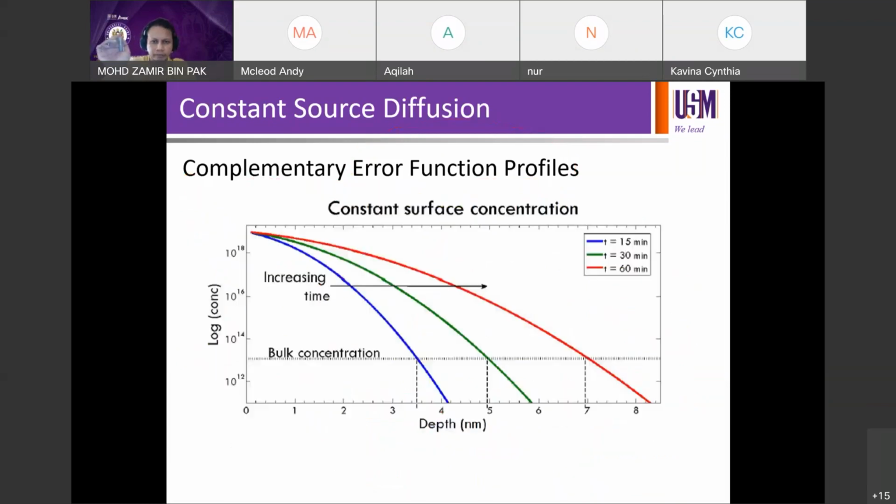So for example, if you run this complementary error function, you can see that if you run the process at 15 minutes, 30 minutes, 60 minutes, right? 15 minutes, blue one, sorry. 30 minutes, green one, 60 minutes, red one, right? So you can see that if you run the process using complementary error function profile, assuming you have error function profile, you will have your profile goes deeper into the silicon, right?